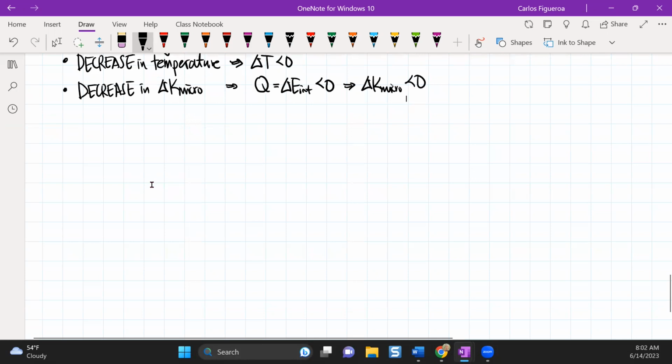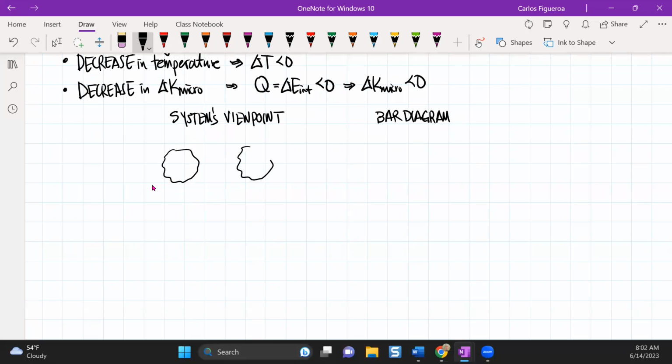So to connect this with the picture, I could come in and do the same thing that we did before, and we have a systems viewpoint, and we have a bar diagram. If I look at my system, here's my contained gas.